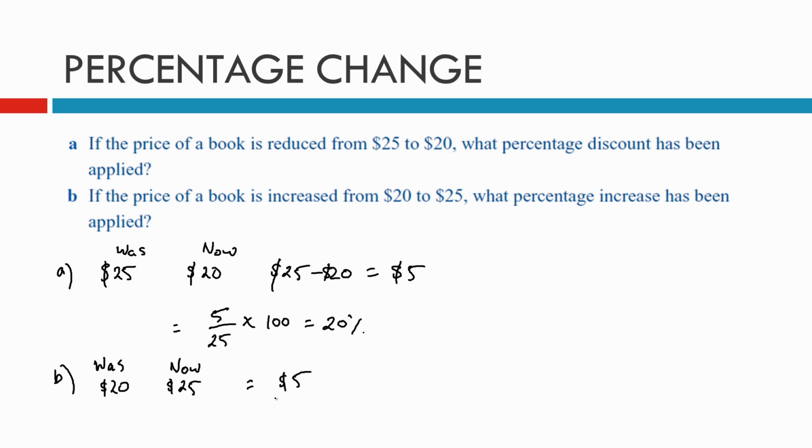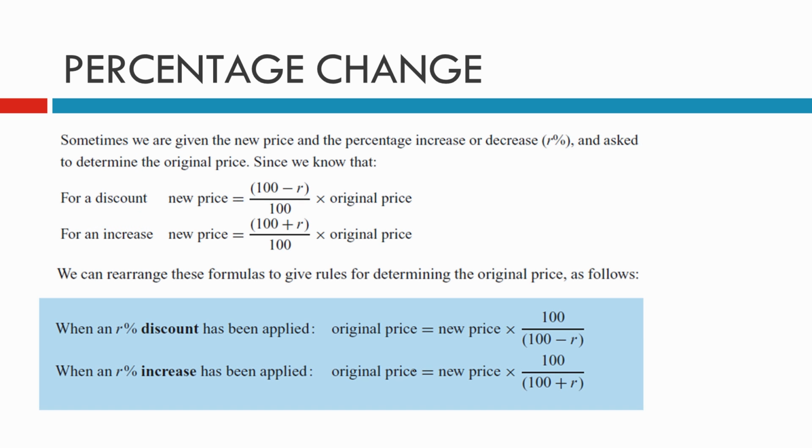Right? And then we divide that by the original price. This time the original price was $20, wasn't it? That's what it was, and you multiply that by 100 and you get 25%. So the price of this book increased by 25%. That's how you do that question.